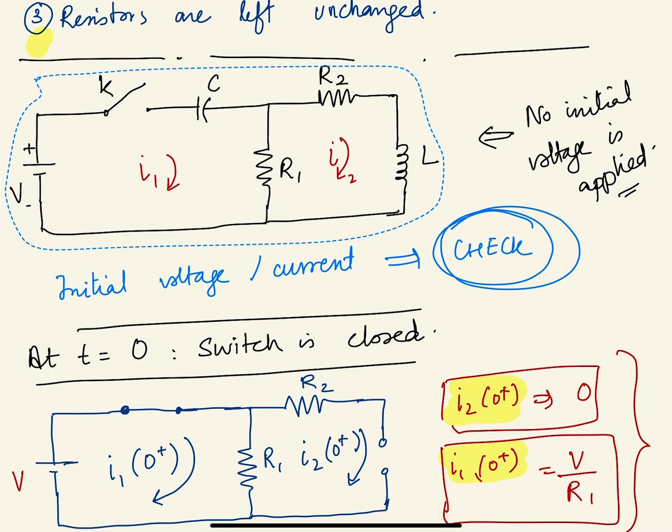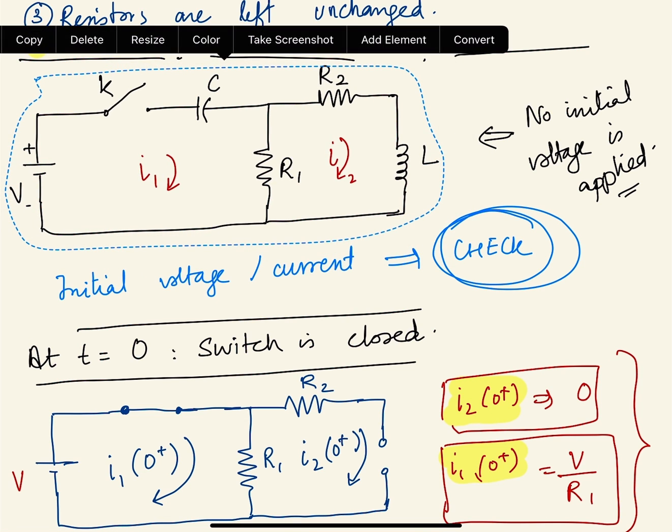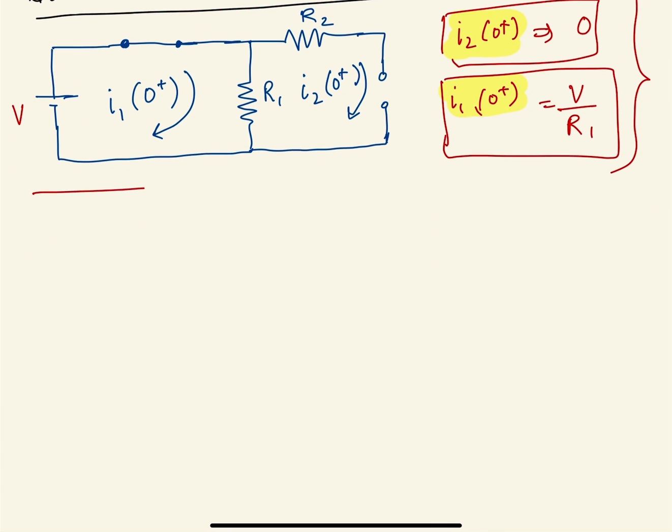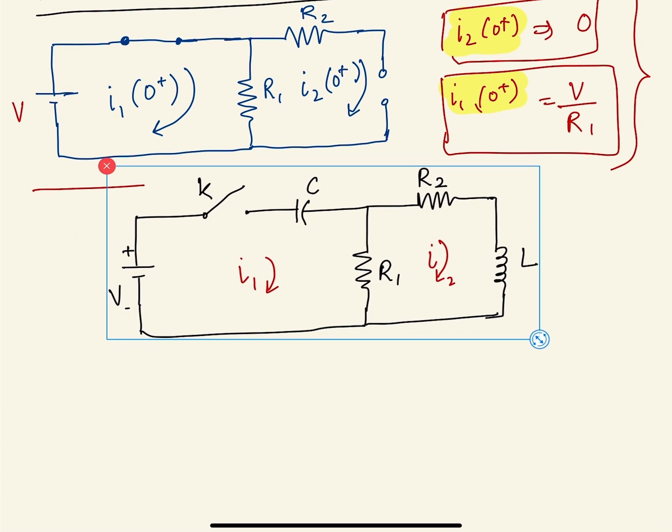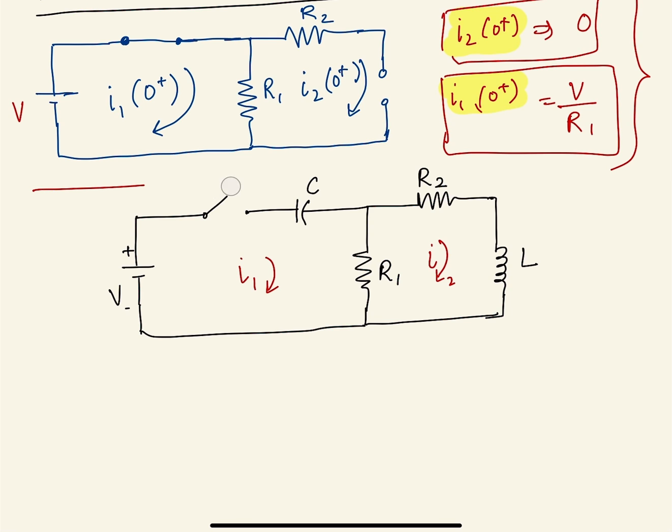You are basically asked to find out the value of I1 and I2 in the circuit. Now what should we do after the switching has happened? What is this K now? The K is simply like this.